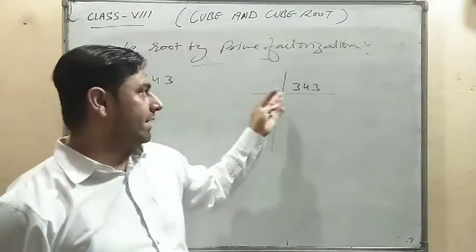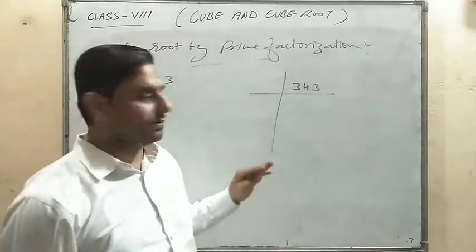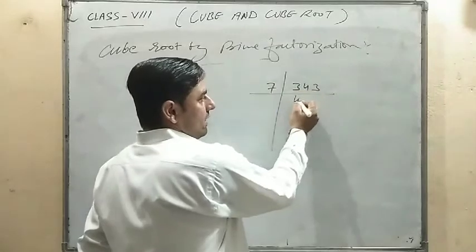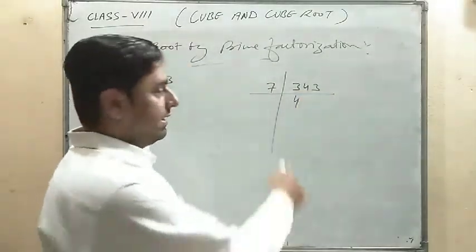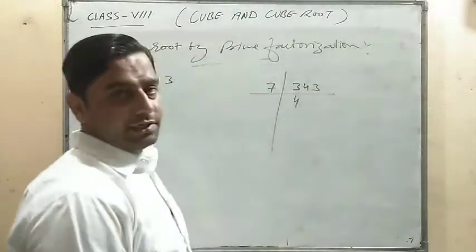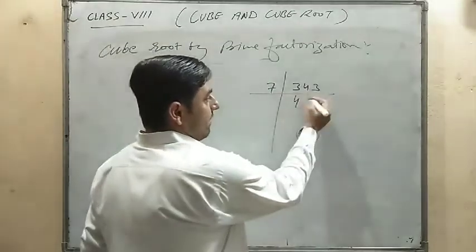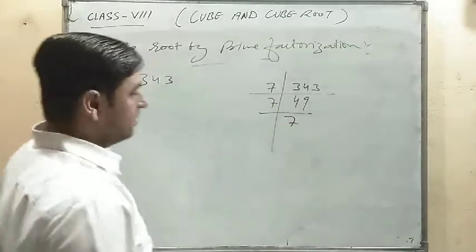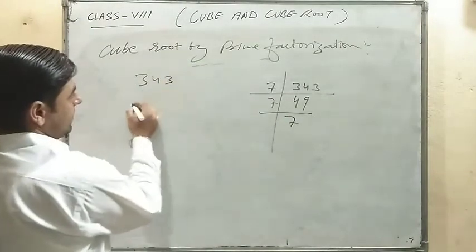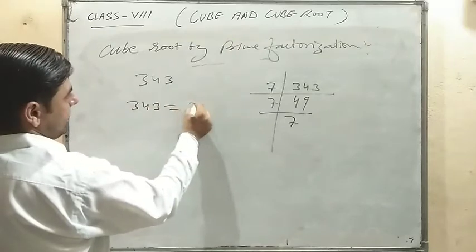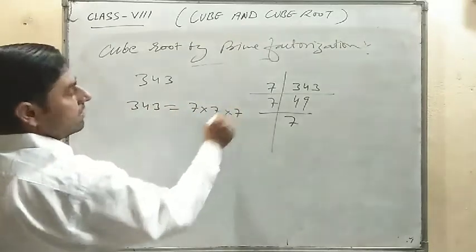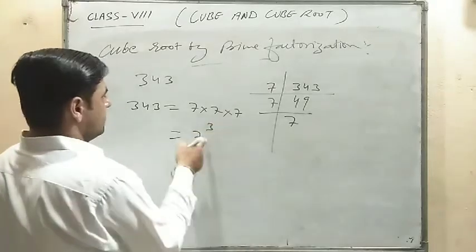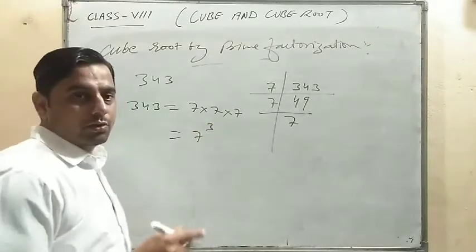So now we will try 7. 7 times 4 is 28, the remainder is 6, and 63 becomes the number. 7 times 9 is 63. 7 times 7 is 49. So 343, its factors are 7 into 7 into 7. So it is the cube of 7, 343 is the cube of 7.